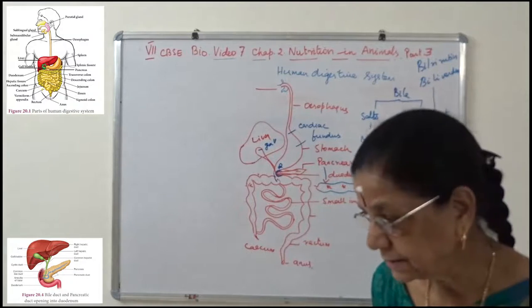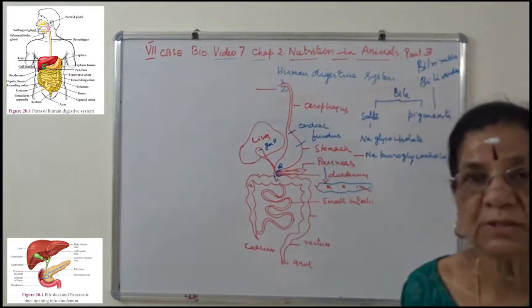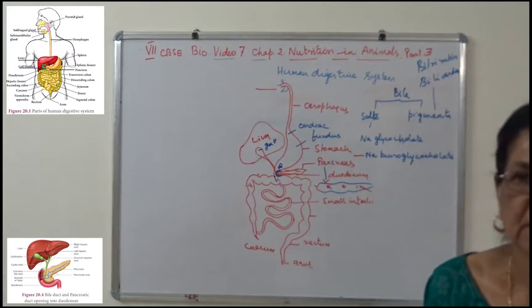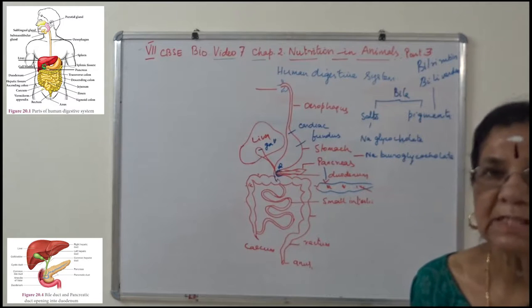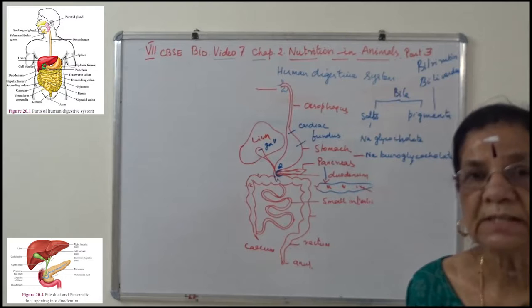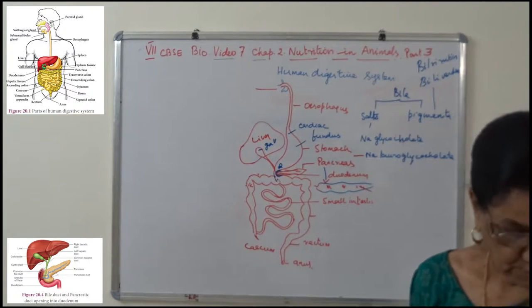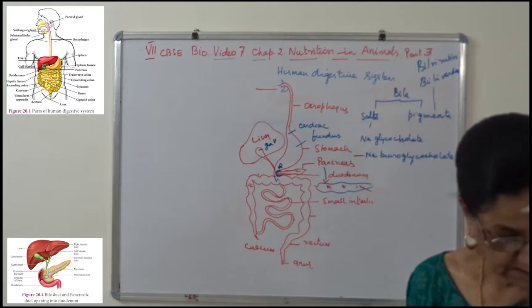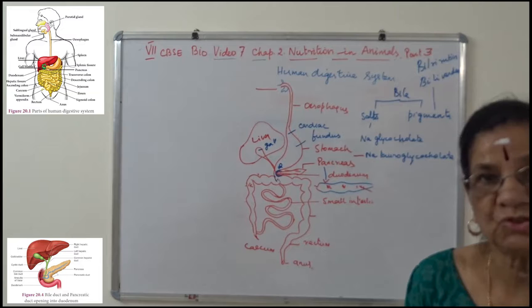I repeat, the pancreas acts as a dual gland, with exocrine and endocrine parts. The exocrine pancreas secretes enzymes as pancreatic juice.